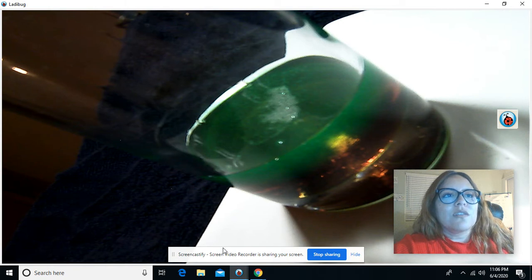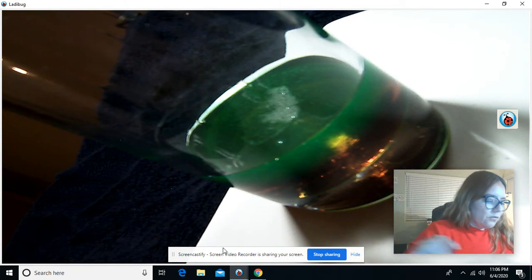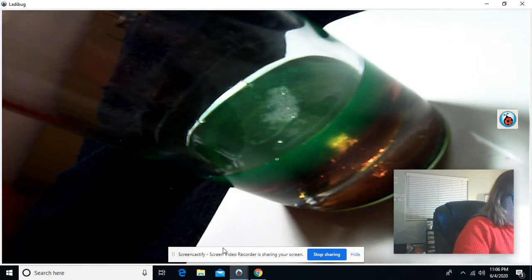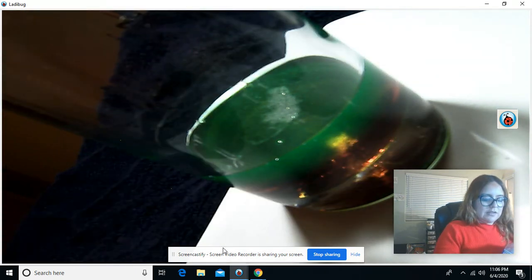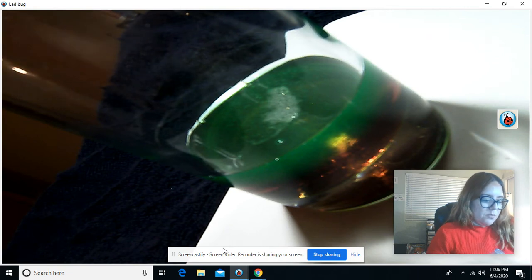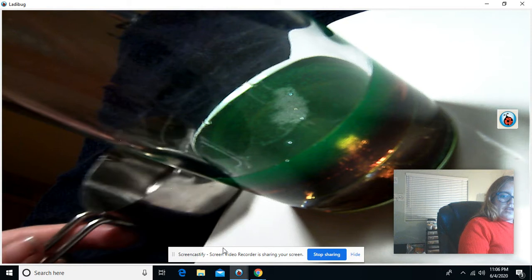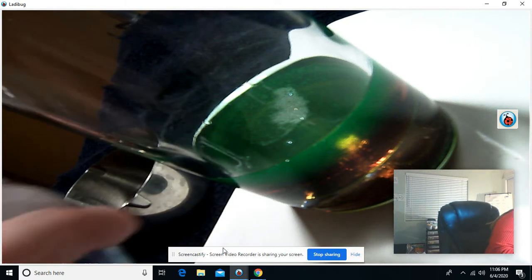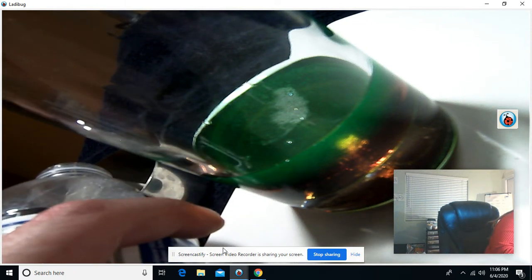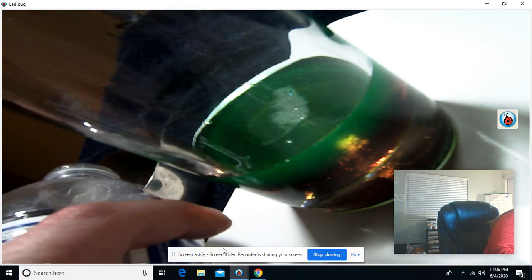Okay, now we're going to use some water, and we're going to use some food coloring for our water, because if we just use the water, then we're not going to be able to see the color. So we're going to take our measuring cup, and then we're going to put about the same amount of water that we put in of all the other liquids.